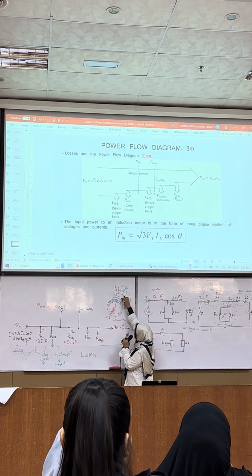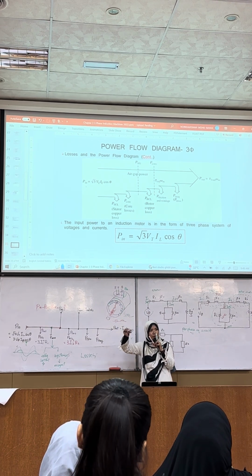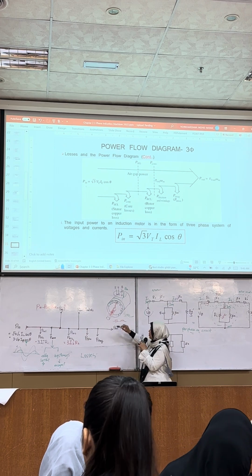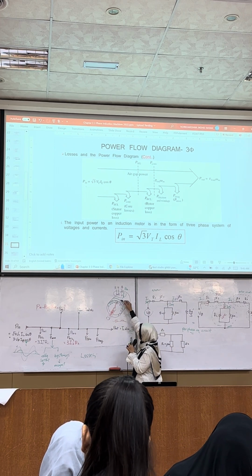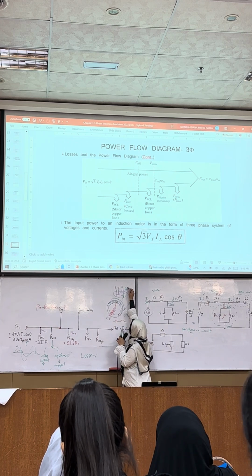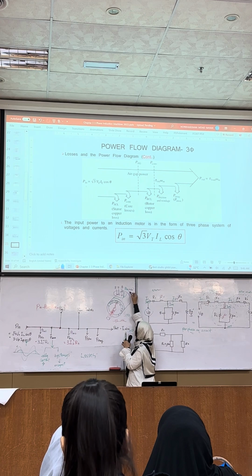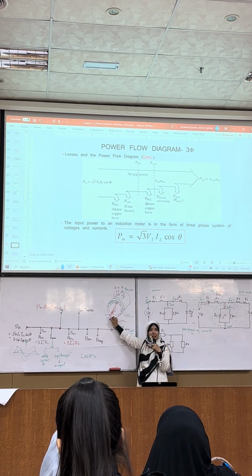Now, when the energy has reached the rotor, your rotor will start to rotate. The rotating means that the power is already converted from electrical into mechanical.